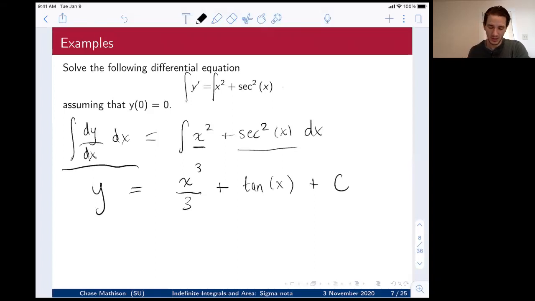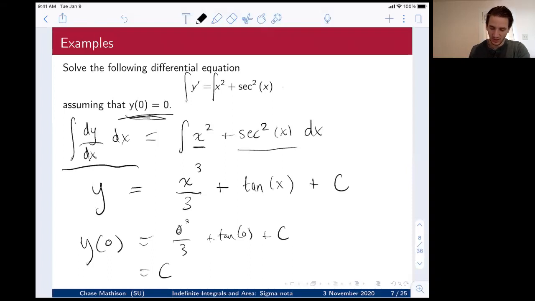Okay? And then we have y of 0 from this initial condition. We can actually solve for c. Y of 0 is, well, 0 cubed over 3 plus tangent of 0 plus c. Well, this is just 0 plus 0 plus c. But we also know y of 0 is 0.